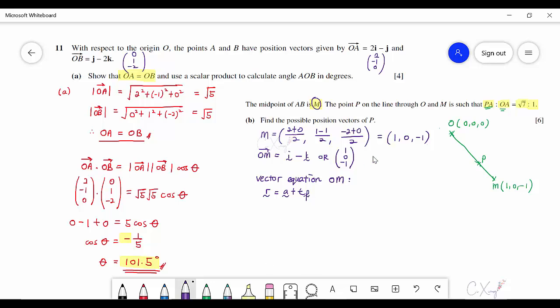The passing point for this line can be either O or M, and of course O is easier because all the values are 0. So r equals 0, 0, 0 plus t times d. What is the direction of this line? The direction will be OM, which is 1, 0, -1.